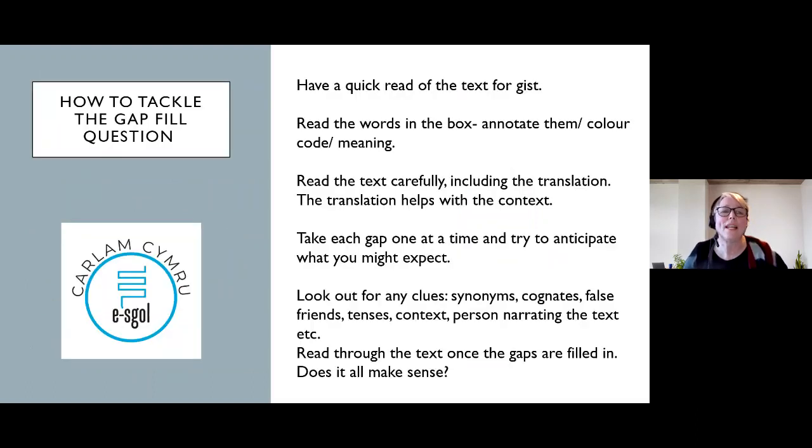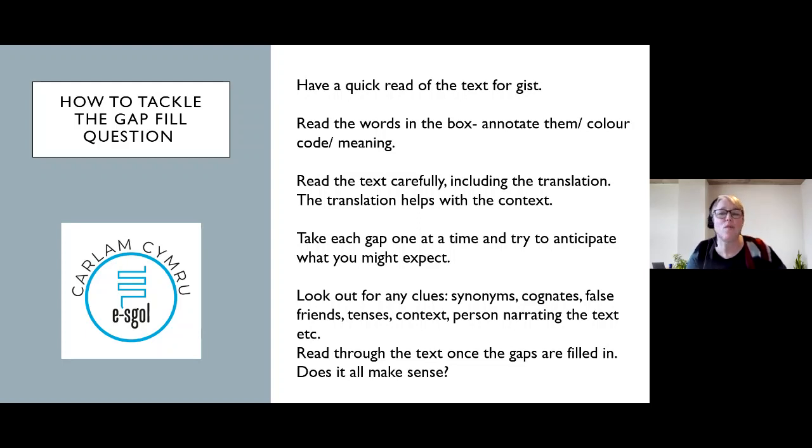Okay, so let's have a little look at the question itself. We have this question in front of us, what do we need to do? Have a quick read of the text for gist, so have a quick scan through what's going on here. Look at the words, read those words in the box, which tends to be at the bottom of the question paper, at the bottom of the page.